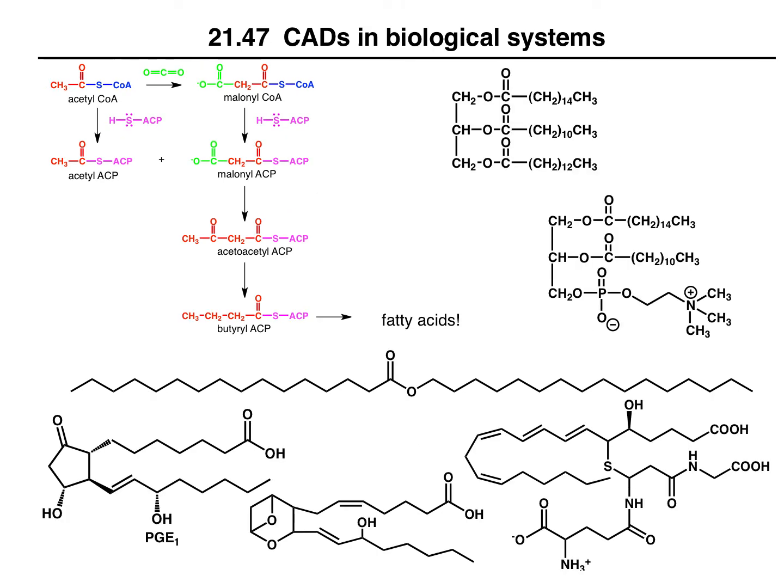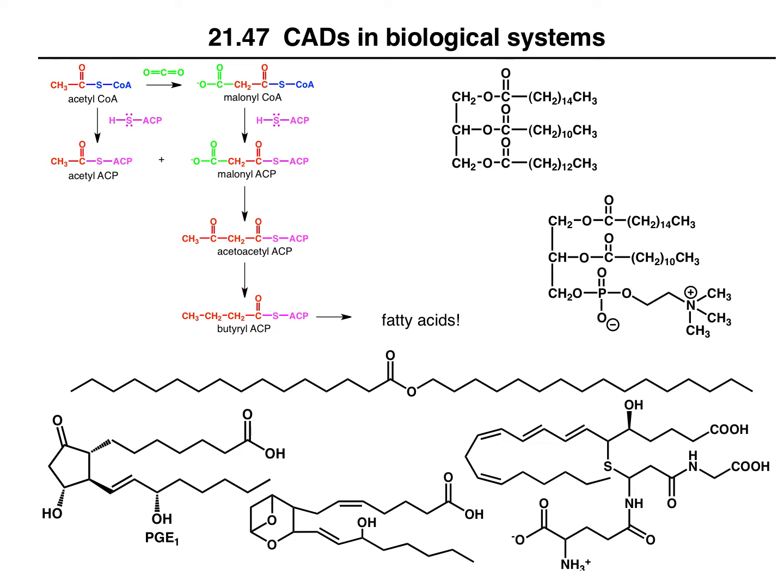Also related to that sequence of reactions is the biosynthesis of fatty acids. Fatty acids always come in even numbers because they are biosynthesized in 2 carbon pieces. And so the butyryl ACP will come back and react with the malonyl ACP. It'll continue going through this, forming a variety of fatty acids.